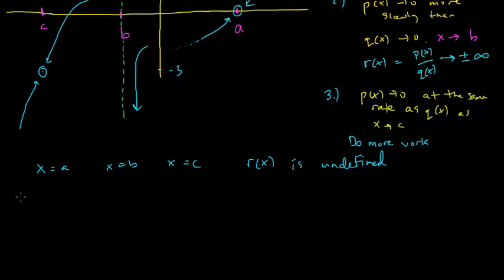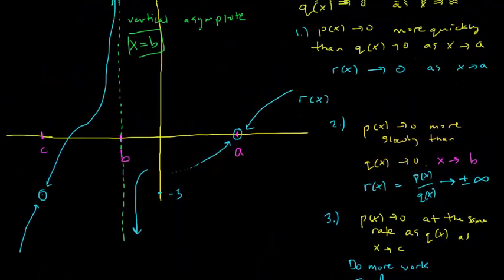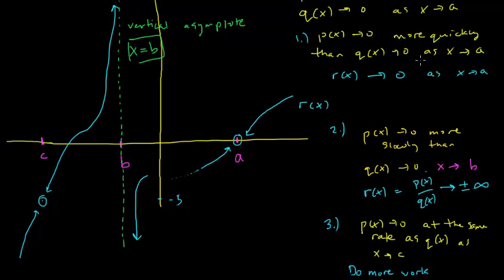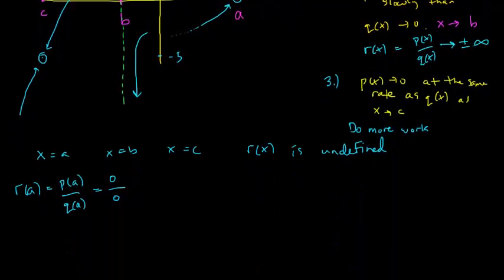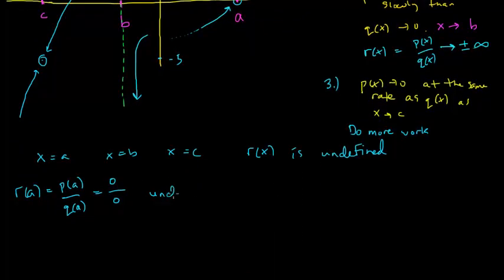And that is because, for example, r of a is p of a over q of a, but p of a is 0, and q of a is 0, right? Our numerator and denominator are going to 0. And 0 over 0 is undefined.